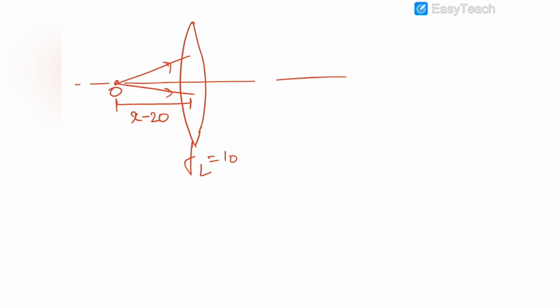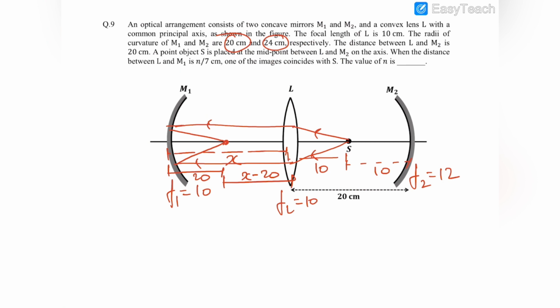So let us see the case where this mirror has a focal length of 12 and this distance is 20.